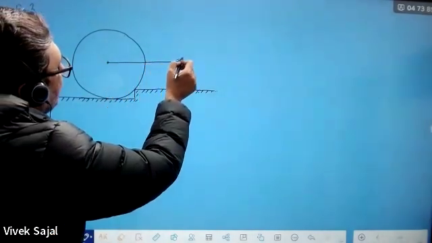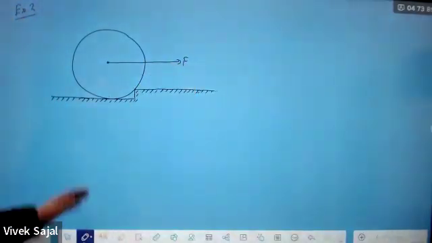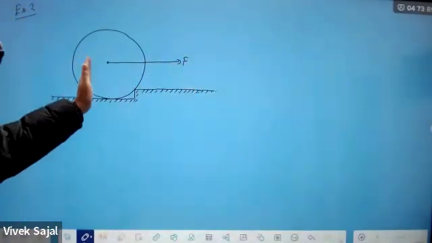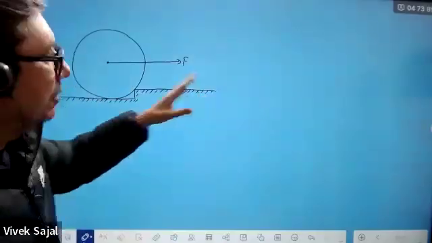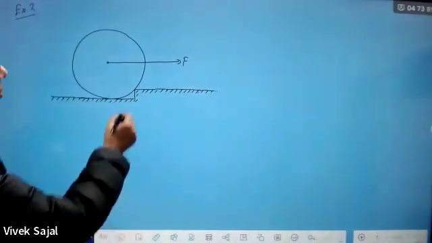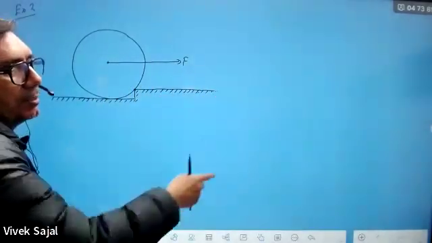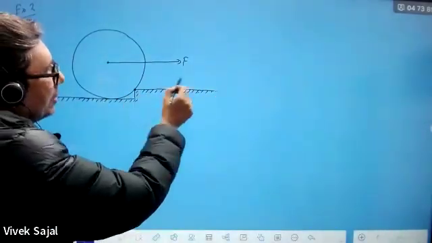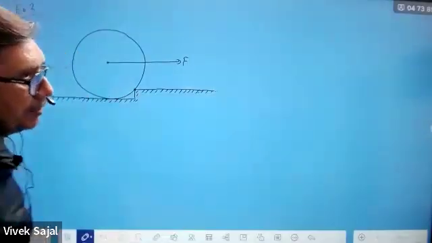Why are you applying this force F? This is an obstacle. You want to move this sphere. You want this sphere to overcome this obstacle and start rotating about this point. This is the point of rotation. It should rotate about this point so that it can overcome this obstacle and start rolling in this direction.